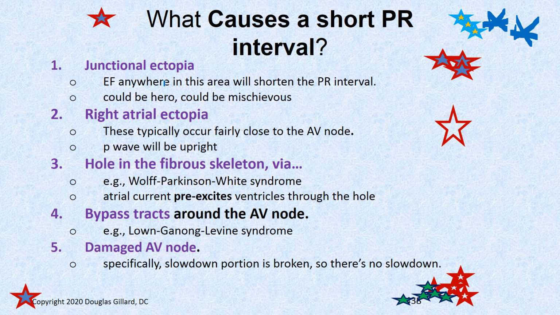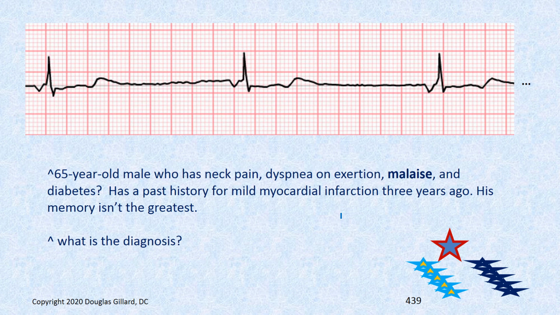And a damaged AV node that doesn't slow down the current is really dangerous. If you ever get a supraventricular tachycardia with a damaged AV node, you could die from that quite easily.